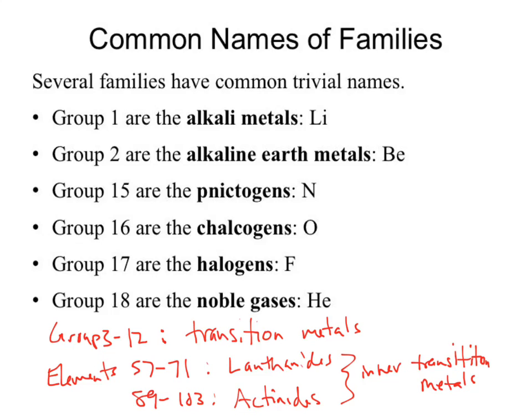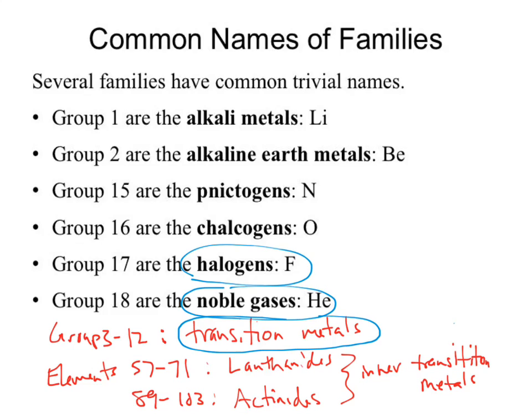Okay. The next, I would say, more important question is, of those, which ones should you absolutely know? Which ones would you be tested on? I would absolutely expect you to know your halogens, the noble gases. I'm actually also going to expect you to know what the transition metals are. And even though I can't spell it, knowing your inner transition metals as well, being able to reference those.